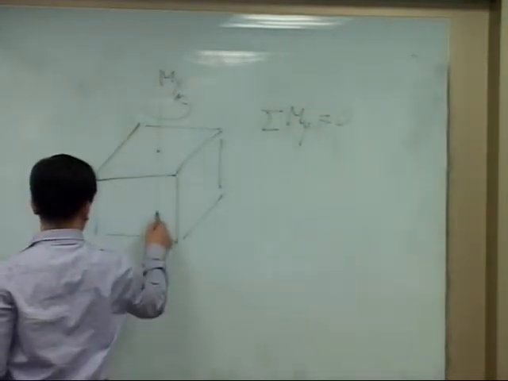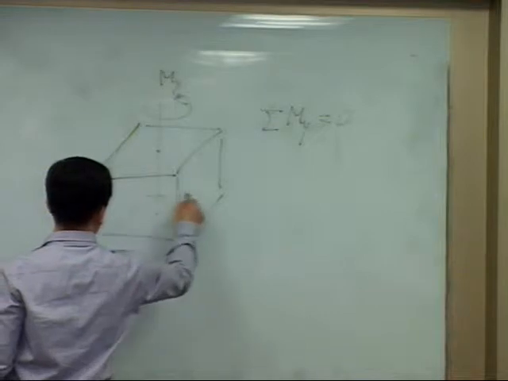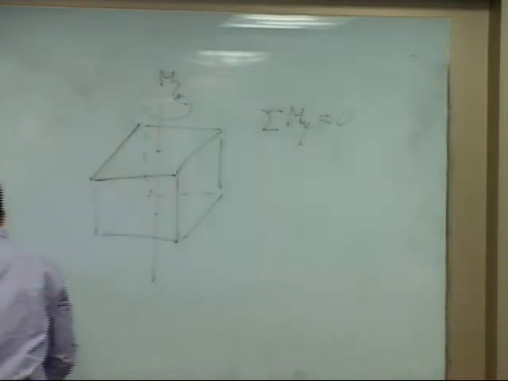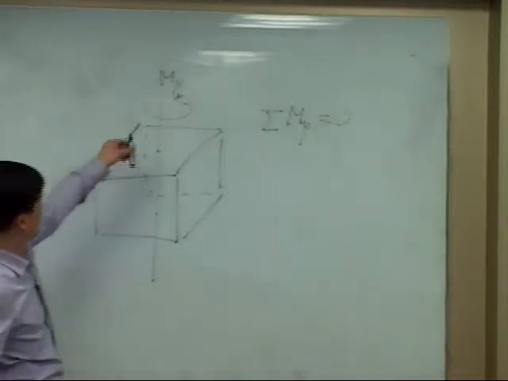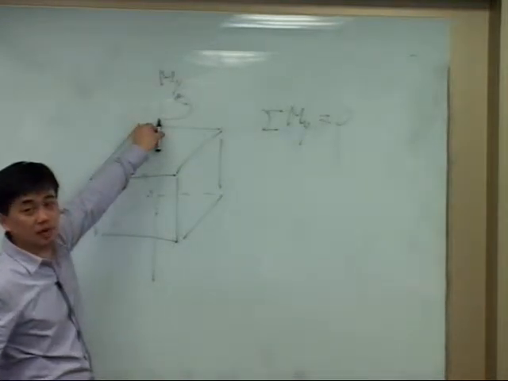We have 18 stresses on this cube, but only 4 stresses will give us a moment about that axis, right? For example, we have a normal stress, this sigma yy.